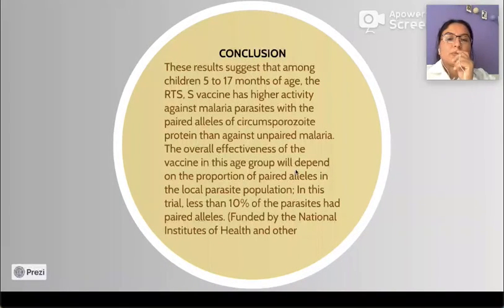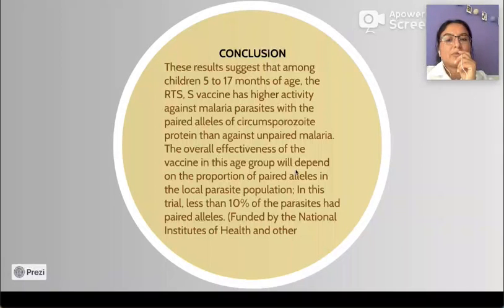Conclusion. This result suggests that among children 5 to 17 months of age, the RTS,S vaccine has protective activity against malaria parasites with the parasite alleles of the circumsporozoite protein.